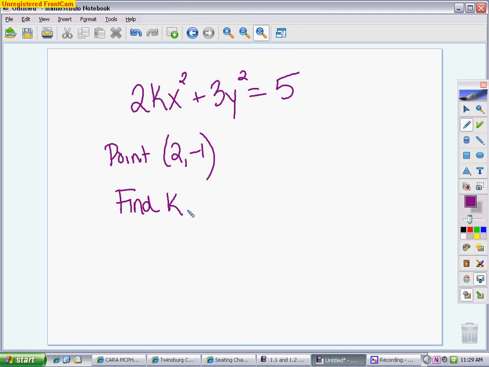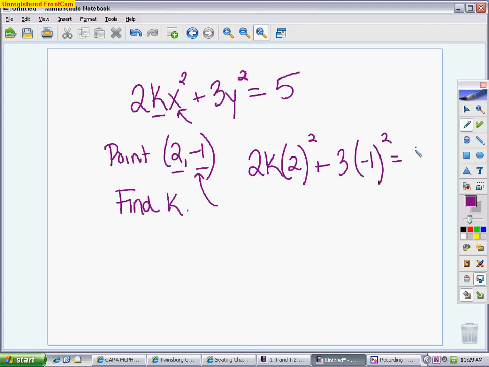What you'll notice is if we leave k alone, we can replace every other variable in here because we know what x is and we know what y is. So we're going to have 2k. We're going to replace the x with 2, because that's the x-coordinate, so we're going to square it, plus 3 times, we're going to replace the y with negative 1, square that, equal to 5.